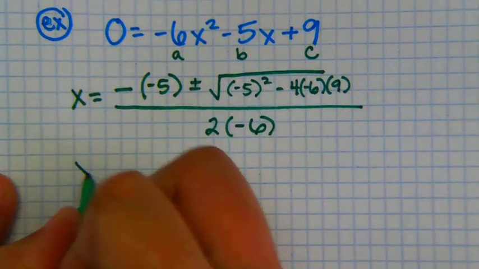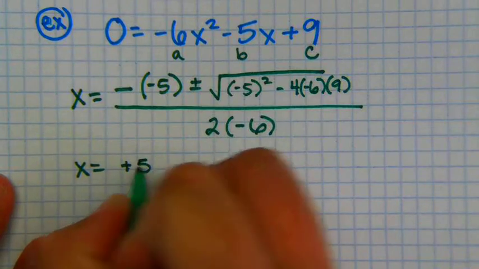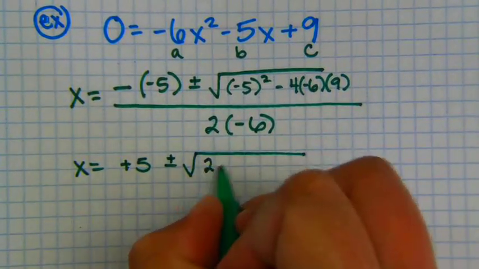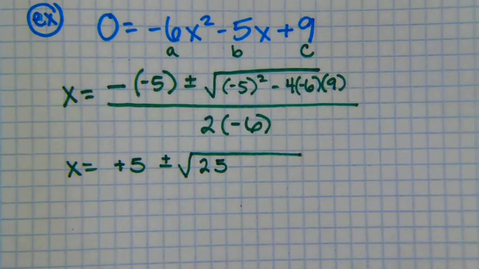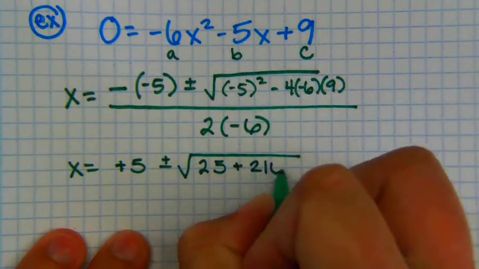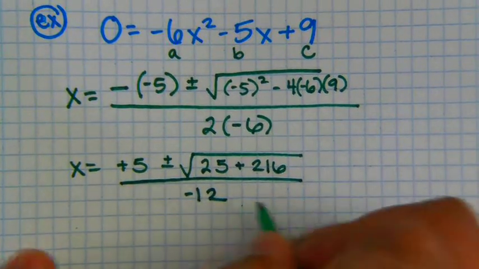So that's going to be x equals a negative negative 5 becomes a positive 5, plus or minus the square root of 25, and then we have a negative 4 times a negative 6 times a 9, plus 216 all over negative 12.